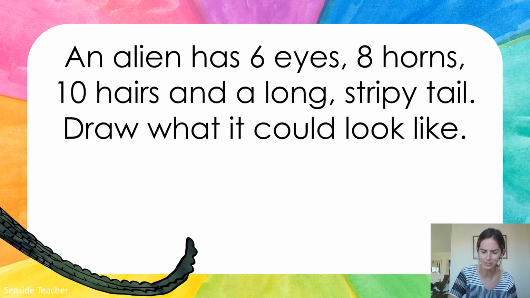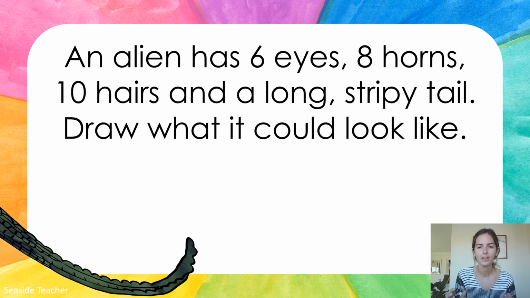I might put my horns on the top of its head. I think 1, 2, 3, 4, 5, 6, 7, 8. Oh my goodness, mine's looking a little bit scary. 10 hairs. What could 10 hairs look like? Okay, so 1, 2, 3, 4, 5, 6, 7, 8, 9, 10. Oh, mine's looking a little bit scary today.